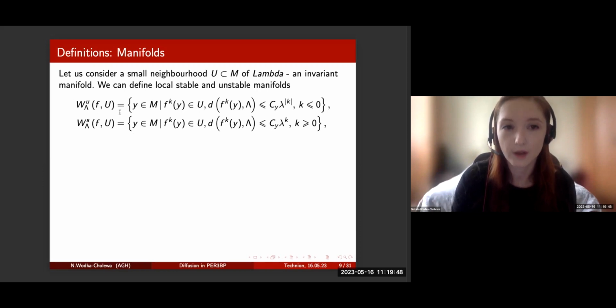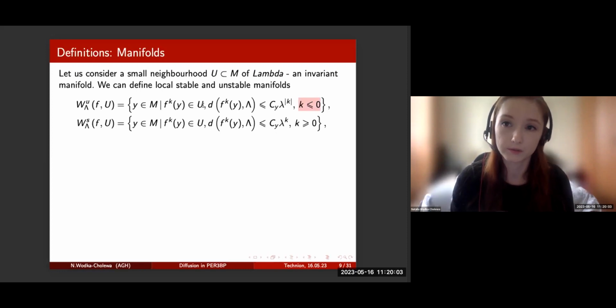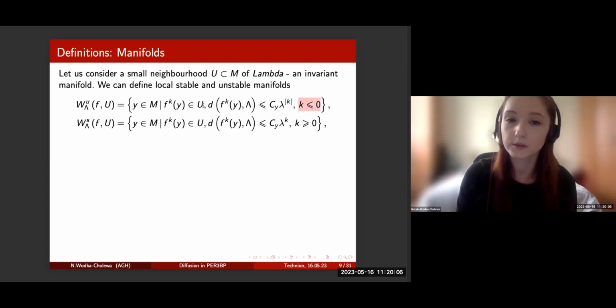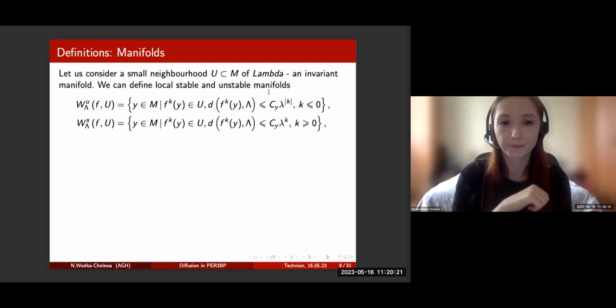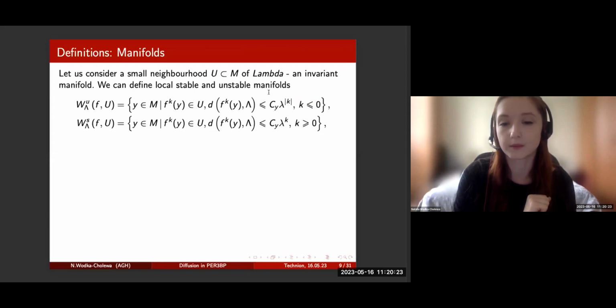And for us, for example, this unstable manifold is all the points in M that after some iteration backward in time will go to our neighborhood. So backward in time they go to our neighborhood, and the distance between this iteration and our manifold is shrinking. So you go backward in time to lambda, to the manifold.